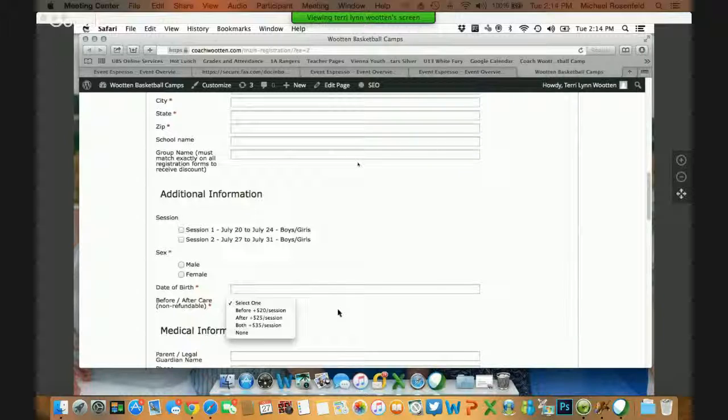So just like we talked about for the transportation, you have to be able to choose it within your session. That would be great. So, for example, if somebody signs up for 2 weeks, they could sign up for before care for week 1, after care for week 1, both before and after, or none. I think we probably want that none option, and then that could be different for week 2. Okay.